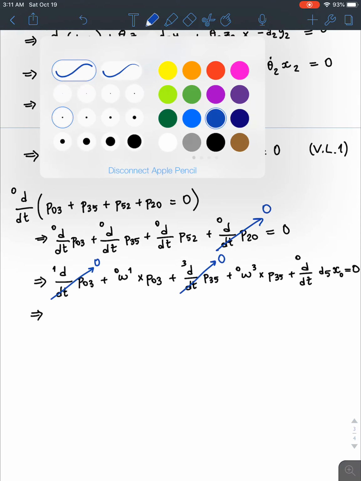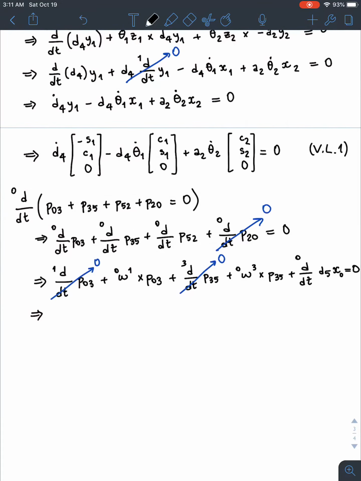Angular velocity of 1 and 0 we said was equal to theta 1 dot z1 cross p03, which was, I believe, a1 in the y1 direction. If you go back to the figure, you'll see that that is the case. Now, angular velocity of 3 and 0 is equal to theta 3 dot in the z3 direction cross p35, which is minus a3 in the x3 direction.